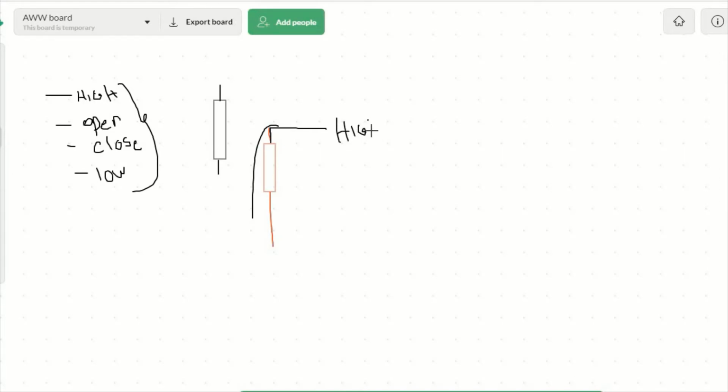This is the high. For this section where it opens, this is called the open. The next part, right here, is called the close.